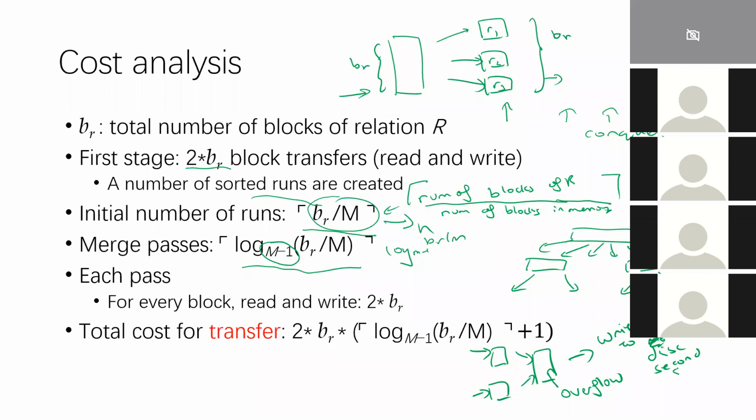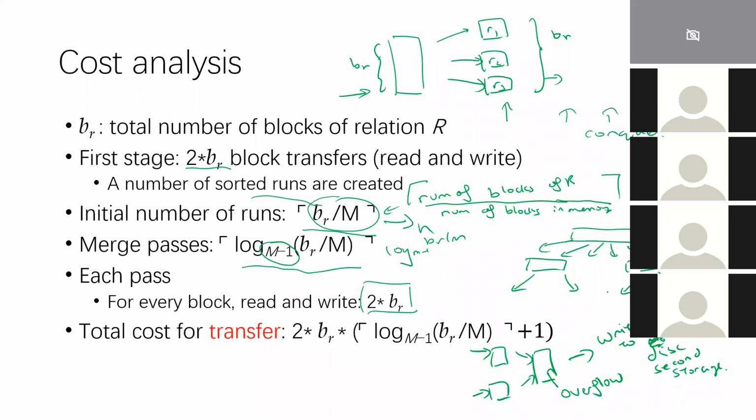Secondary storage. Because of that, every single merge step also incurs a cost of 2 times the block transfers.